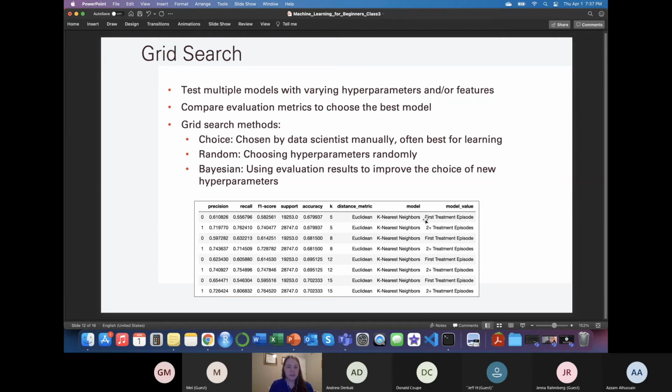And then there's a Bayesian method that takes what your accuracy looks like and uses that information from your model to improve the choice of the next hyperparameter and the next hyperparameter after that. So in general, the choice is the most common way to do it. And it's also good if you're a data scientist who knows what overfitting and underfitting look like. You can go in and do that. The Bayesian would probably be a better method in most cases, but it's more difficult to set up.